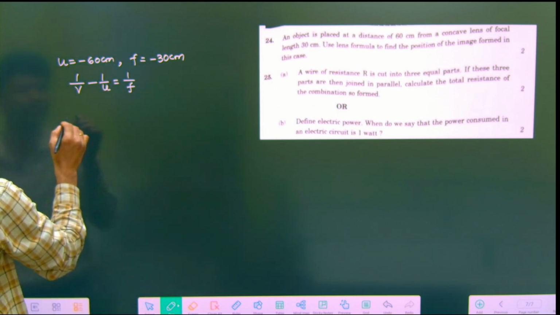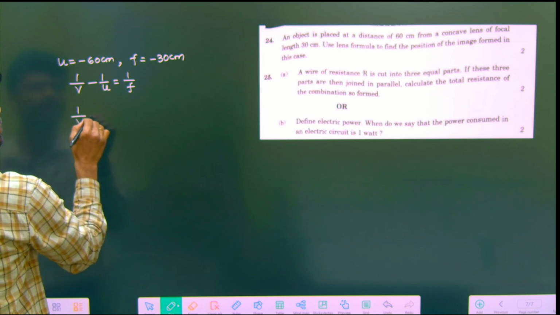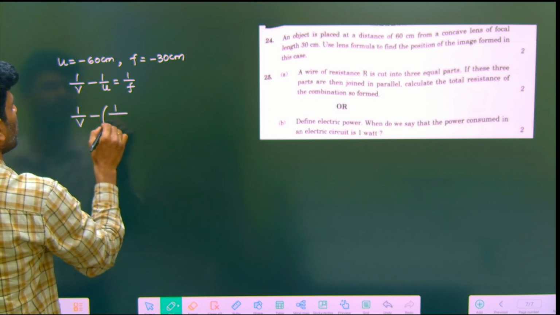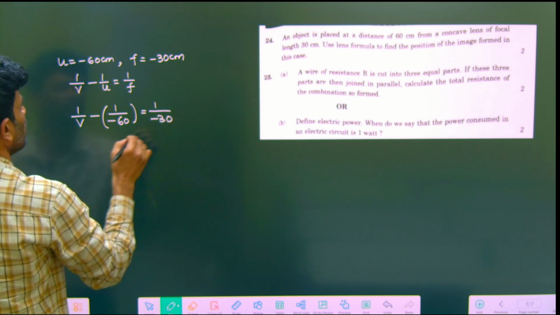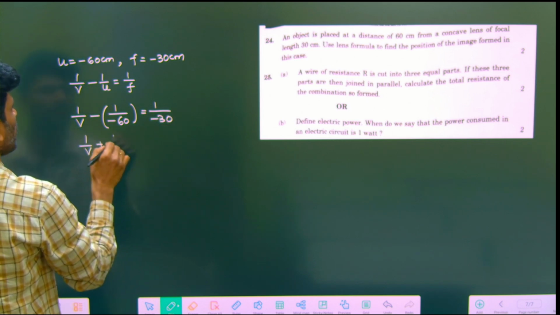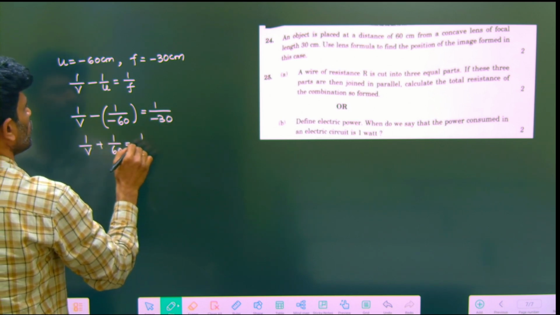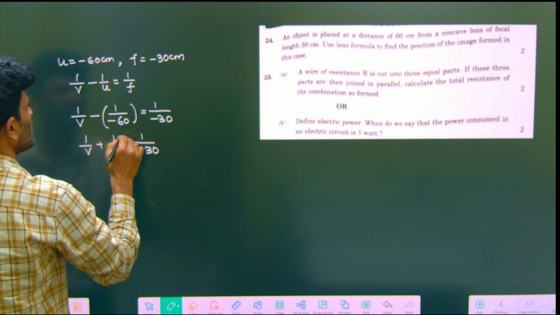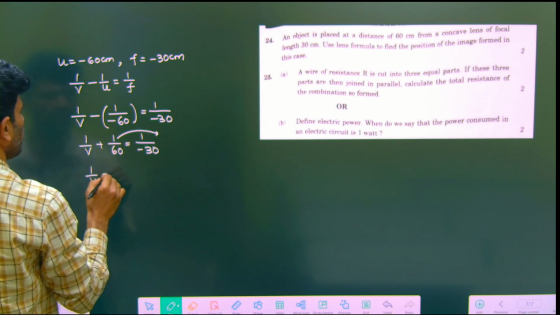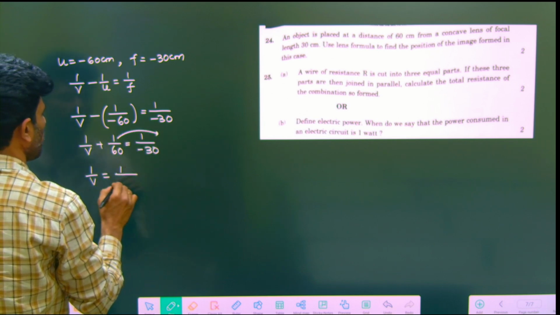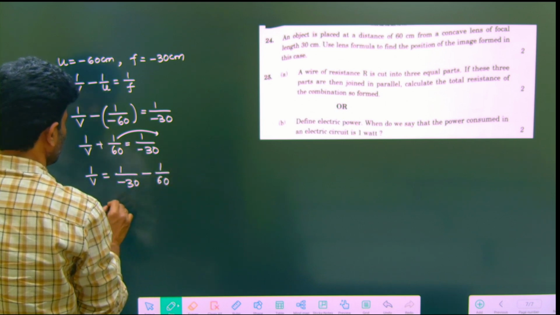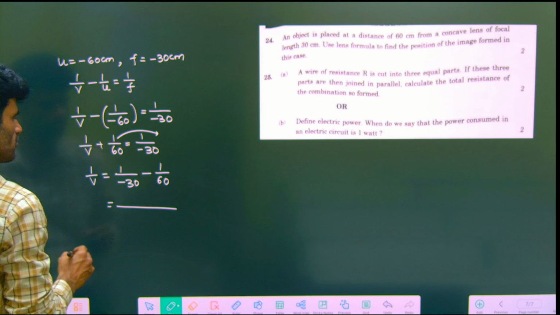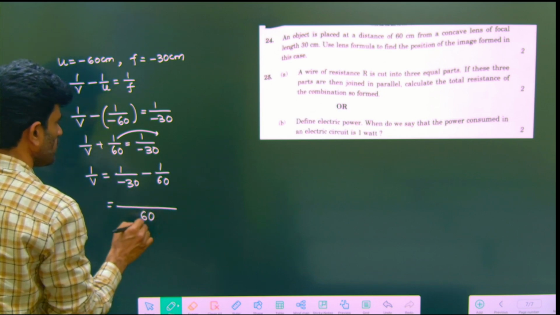1 by V we have to find out. So 1 by V minus 1 by minus 60 is equal to 1 by minus 30, which is 1 by V plus 1 by 60 is equal to 1 by minus 30. Transpose 60 there. 1 by V is equal to 1 by minus 30 minus 1 by 60. So what is the LCM? 60 is the LCM.